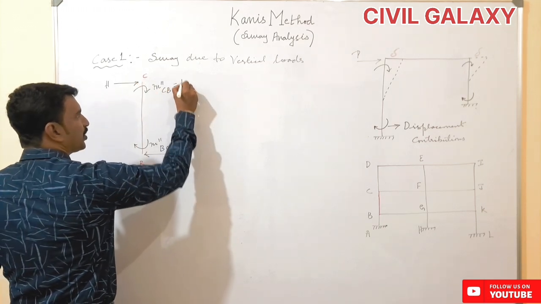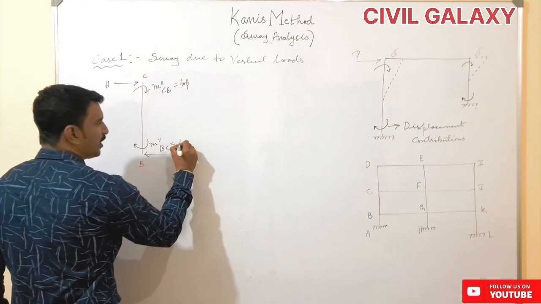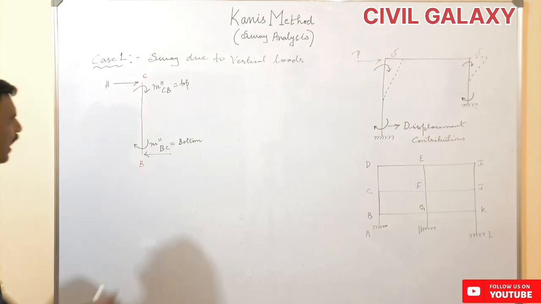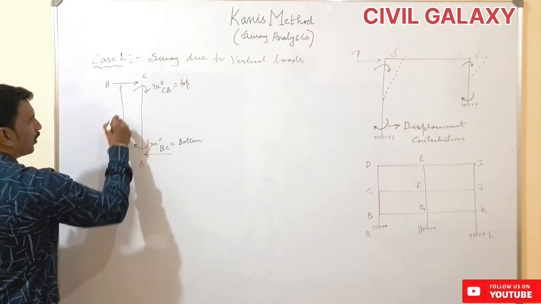So M double dash CB is at the top and M double dash BC is at the bottom, and this is the total height of the column.